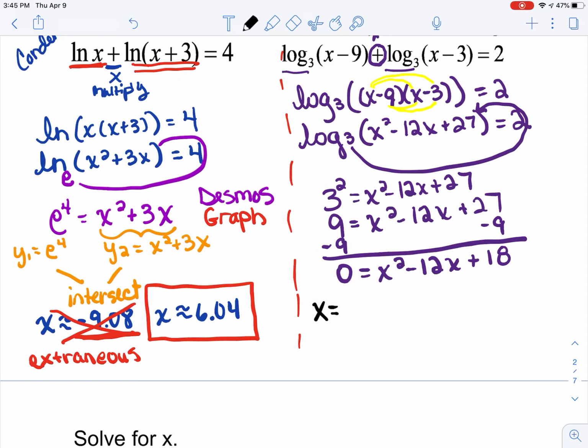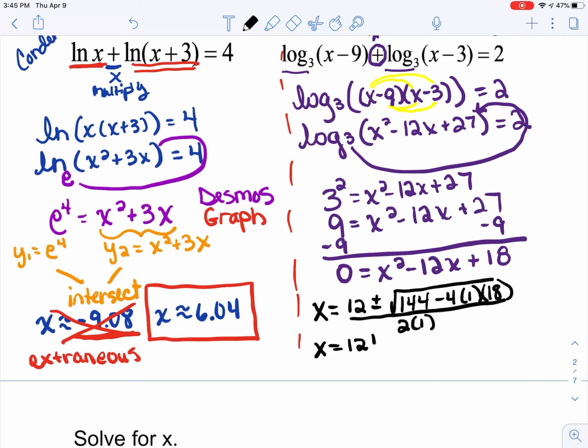Okay, so we have x equals, opposite my b is going to be 12, plus or minus the square root of b squared is 144 minus 4 times 1 times 18, all over 2 times 1.